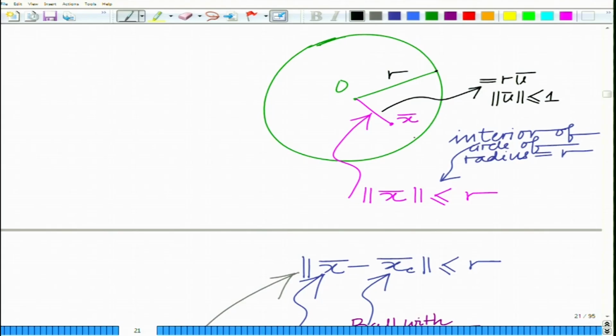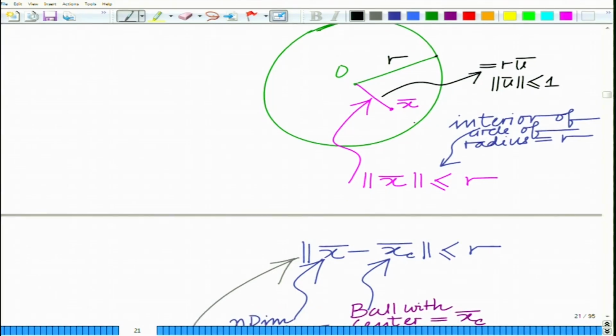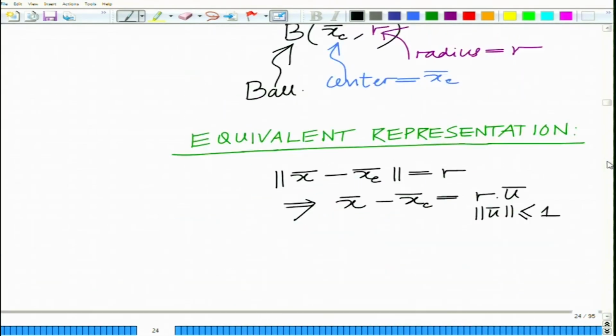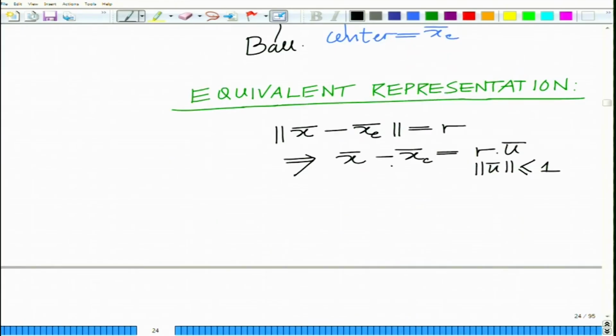And you can in fact readily verify this: it implies that norm of x bar minus xc bar equals norm of r times u bar. Since r is positive, this is r times norm of u bar, and norm u bar less than or equal to 1, which means this is less than or equal to r, which is stating the same thing in a different way.